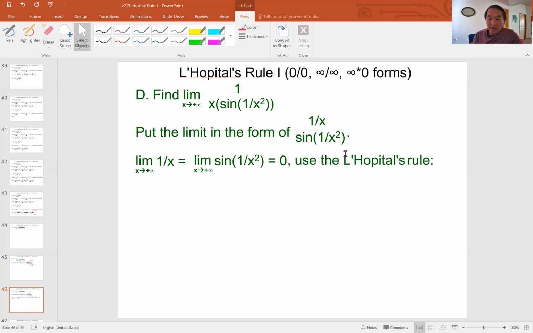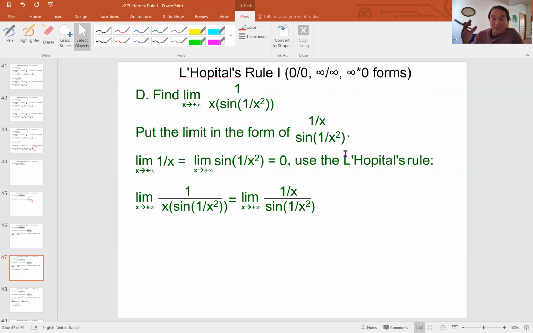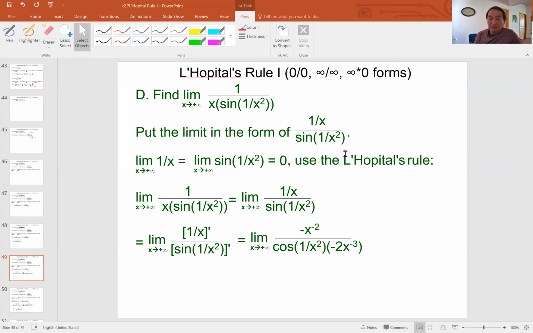So I can apply L'Hopital's rule, take the derivatives of top and bottom, find the slope of top and bottom as x gets bigger and bigger. And this is the chain rule: cosine of 1 over x squared, and times the derivative of the inside, u prime.